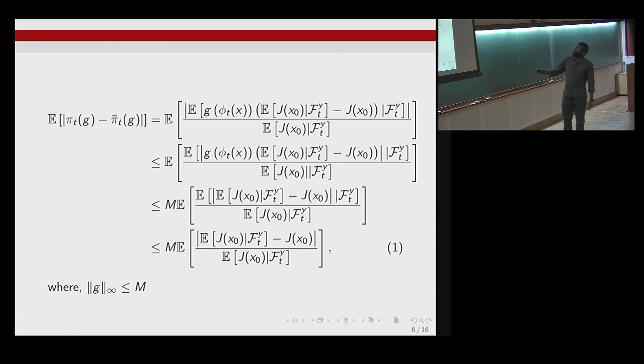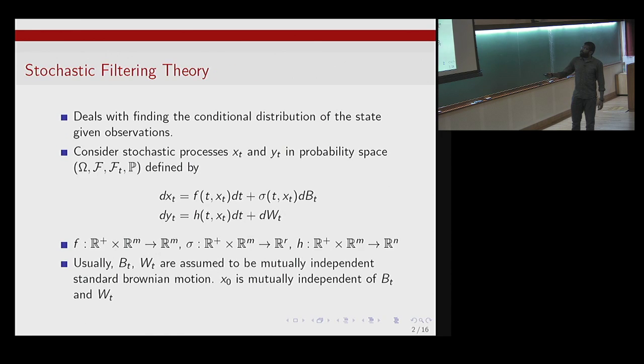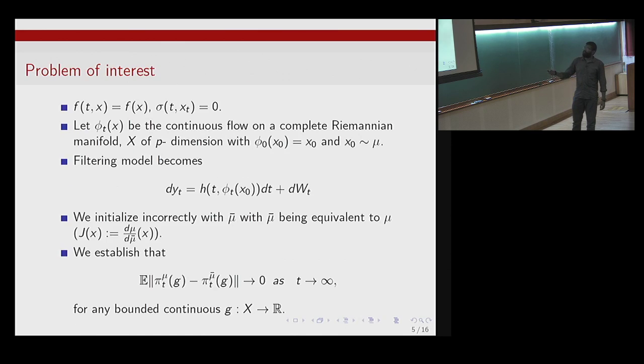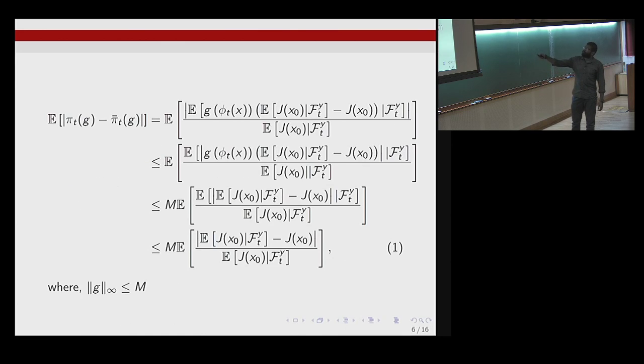So this entire thing actually follows from this particular formula, but in place of pi mu bar, you just put j times pi mu, and it's just doing some simple algebra.